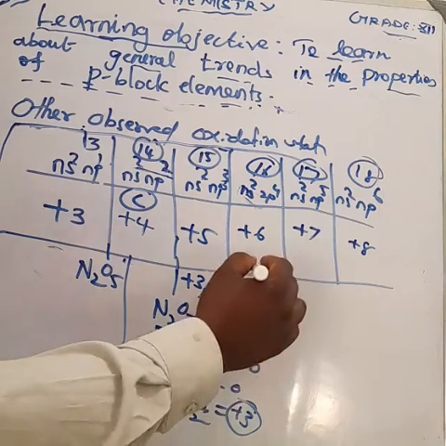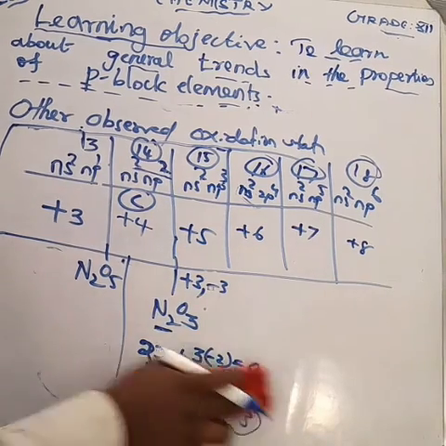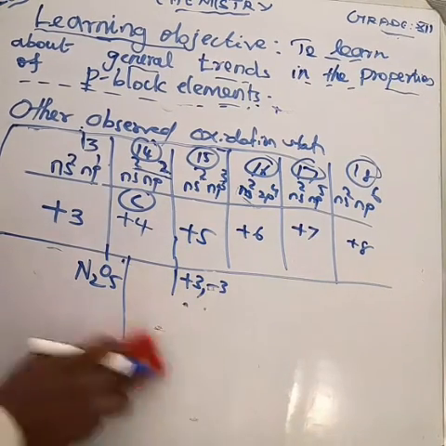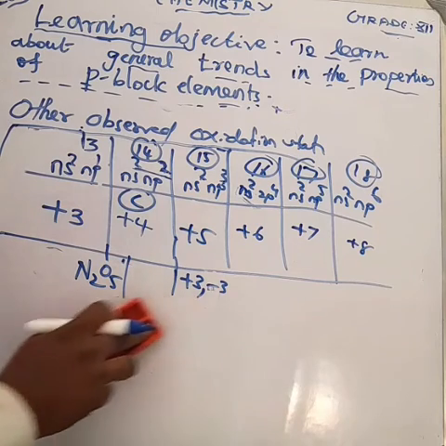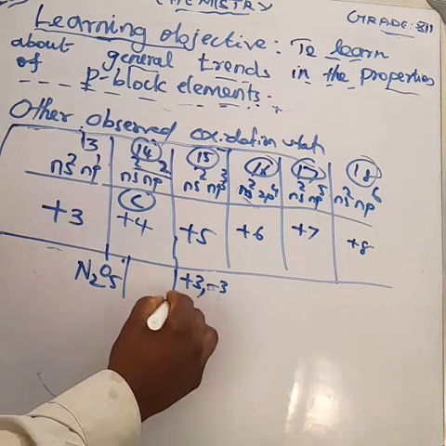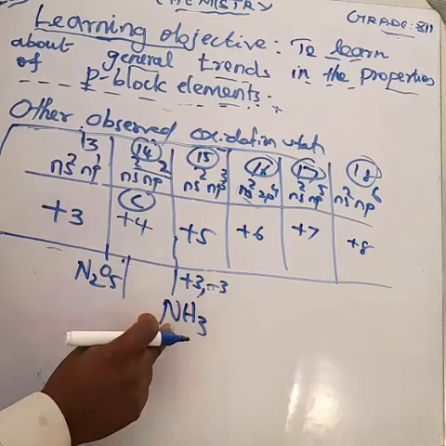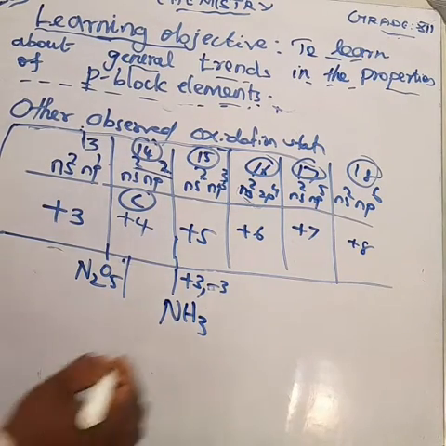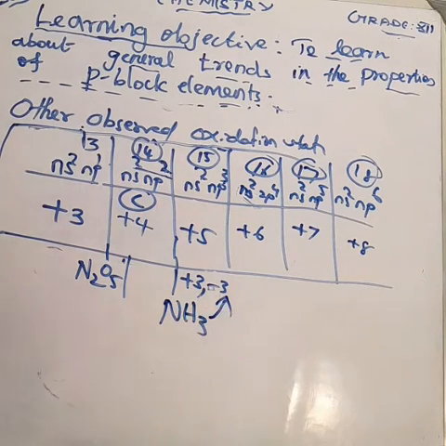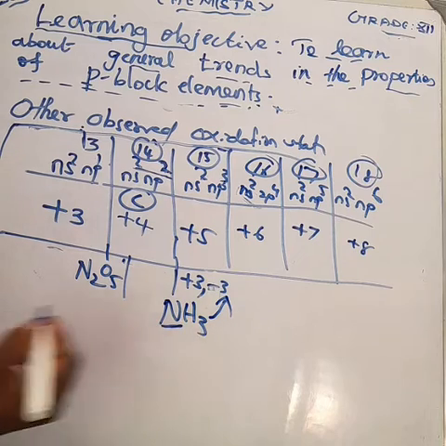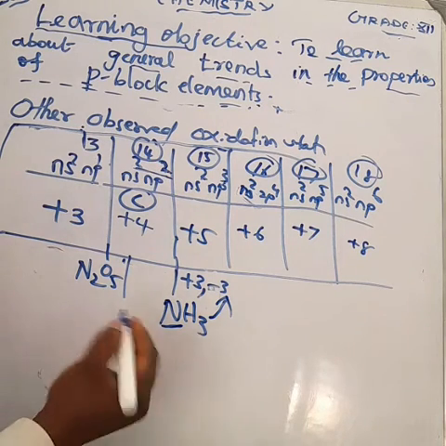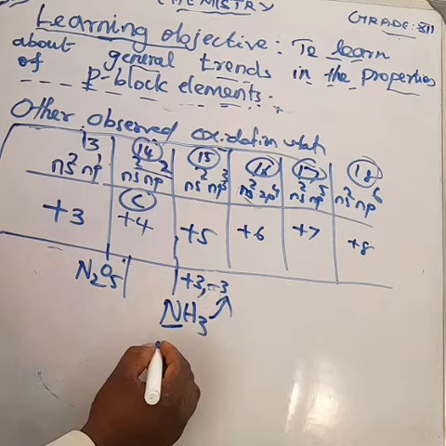What about the minus 3 oxidation state in the 15th group? Okay, I am taking ammonia. What is the formula for ammonia? NH3. We find out the oxidation state of nitrogen in ammonia.